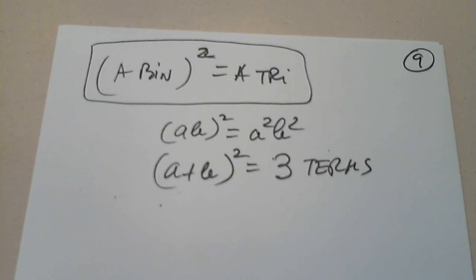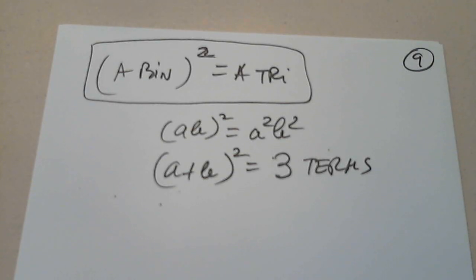Okay. How will you rewrite n to negative 6? What does n to negative 6 replace? It will be 1 over n to the 6th power.